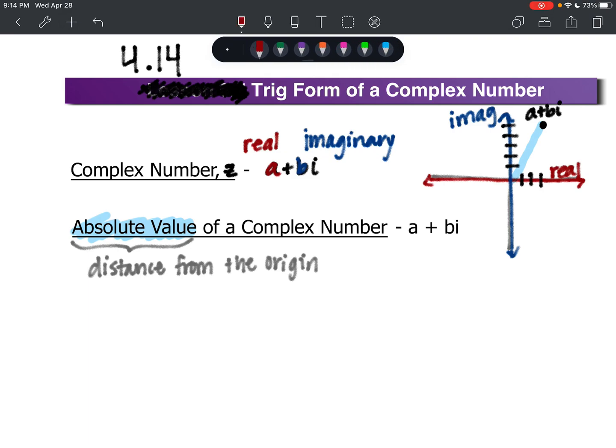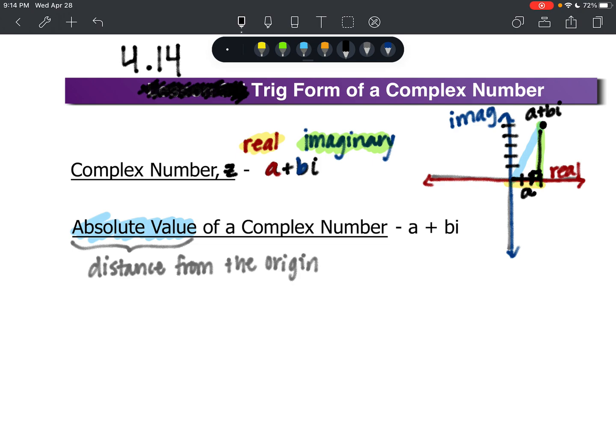Now that length is made up of two parts. It's made up of a real part that's horizontal and a vertical part that's our imaginary part. And horizontal and vertical lines make a right angle, so you can see this right triangle.